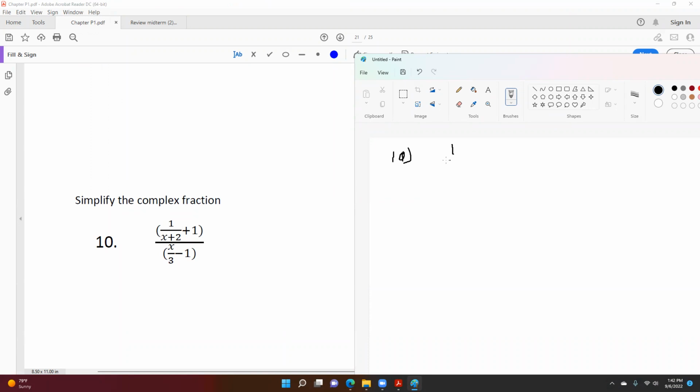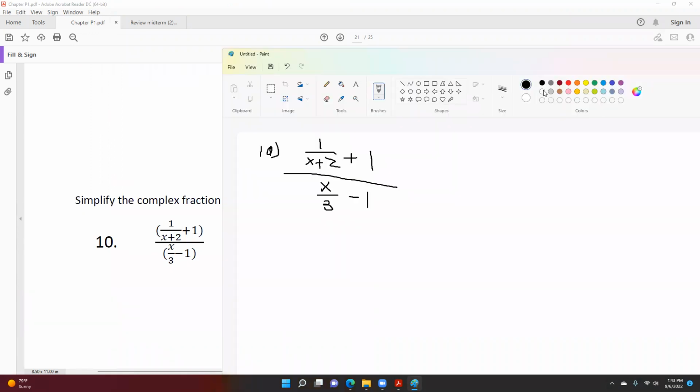So this is 1 over x plus 2. I don't know why I put parentheses on it; I should not write parentheses on it. Plus 1 over x over 3 minus 1. Now, when you begin to add and subtract this, we have to make them one whole single fraction.